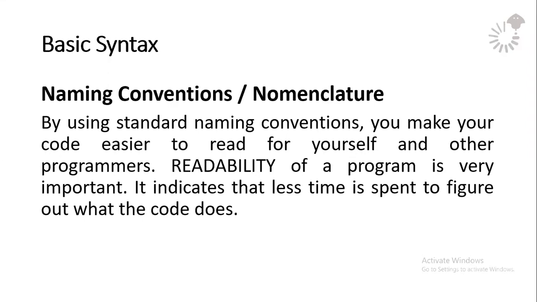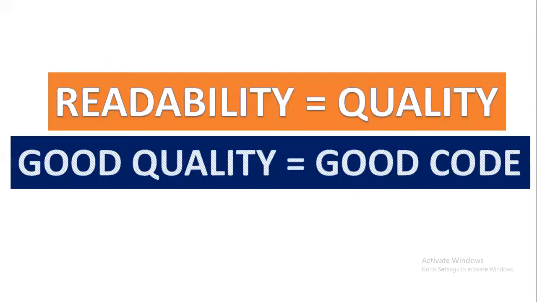So yun yung example natin kanina. Hindi mo na kailangan basahin yung buong line just to figure out, okay, this is the formula for getting the age, if we'll be using the correct naming convention. Readability is very important for programmers because a readable program produces good quality.